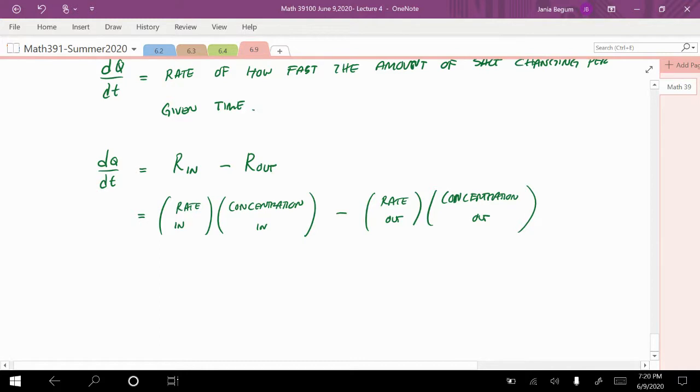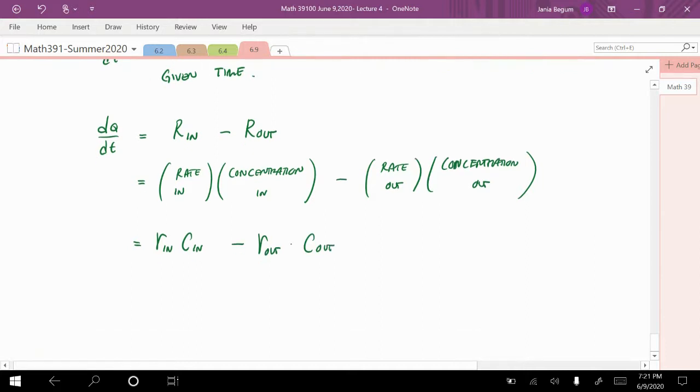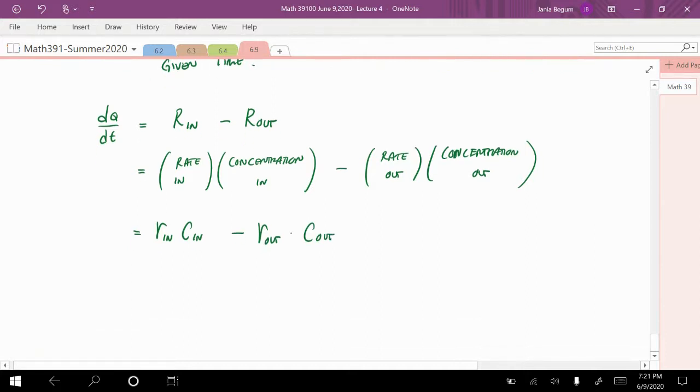So I'm going to simplify this. So we have some rate coming in, little r in, and then we have some concentration coming in, C in, minus r out. I'm going to say little r out times concentration out, so C out. So we sort of simplify the formula a little bit more. So how much is coming in, rate and concentration, will always be given to you in the scenario. How much is going out, that's also going to be given to you in the scenario. But what about concentration out? How do we measure that?